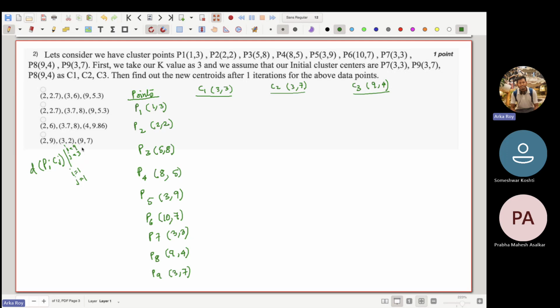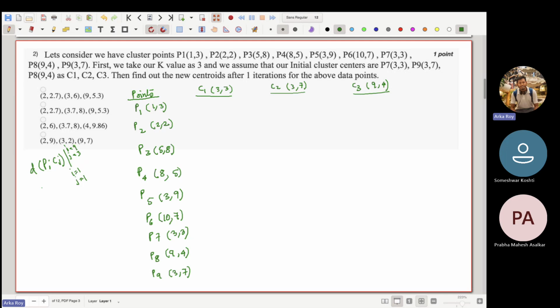So to begin with the iteration, we have a preconceived notion that we have three sets of clusters, and in the data set we have 9 data points in total. So i ranges from 1 to 9 and j ranges from 1 to 3.